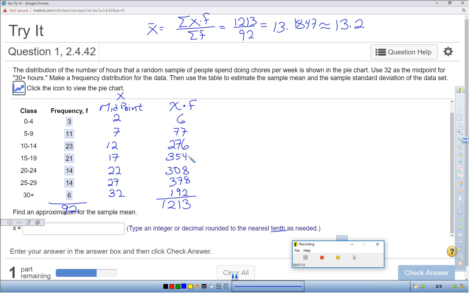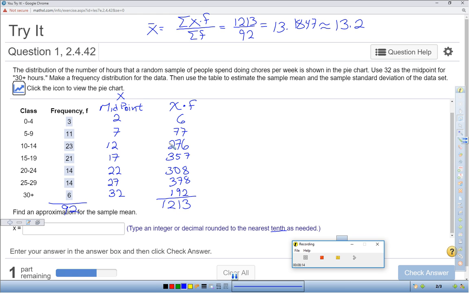So just one value makes the whole answer incorrect. So this should be 357. Let me check the other ones. 14 times 22, 308. 14 times 27, 378. 6 times 32. Yes, just that number was incorrect.